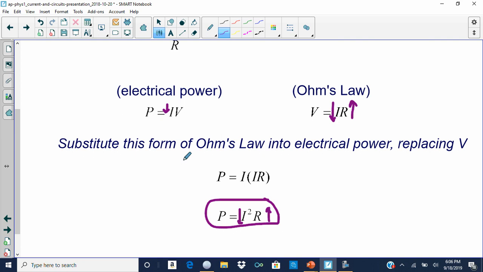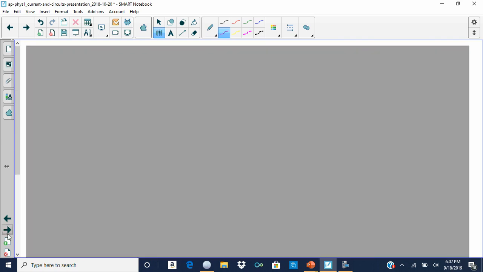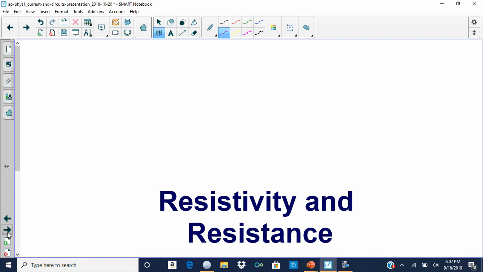They're not going to ask you to put numbers in these formulas. They're going to say, what happens if we add another resistance to this, or resistor to the circuit? What happens if we take this resistor out of the circuit? Those are the things I want you to think about. In the next video, we're going to talk about resistivity and resistance.